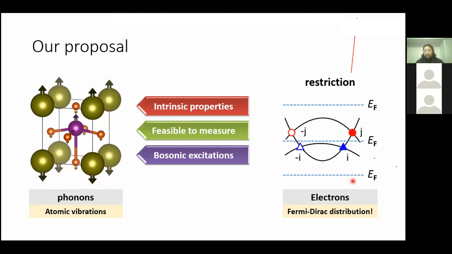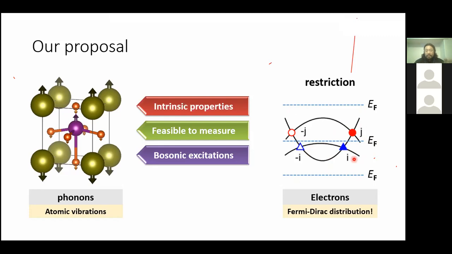For electronic systems, these three bands and band nodes must be near the Fermi level. If the Fermi level is too high or too low relative to this band crossing point, it is hard for experimentalists to verify them. We also know that all these transport properties are related to the electronic states near the Fermi level. So if they are too far away, we just can't know any contributions from these nodes.